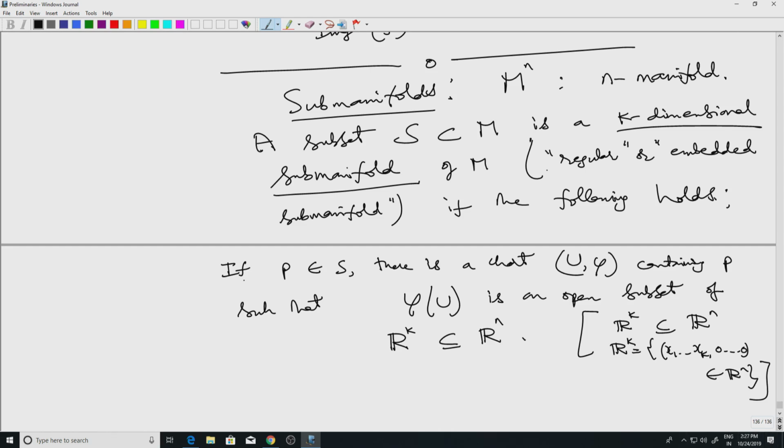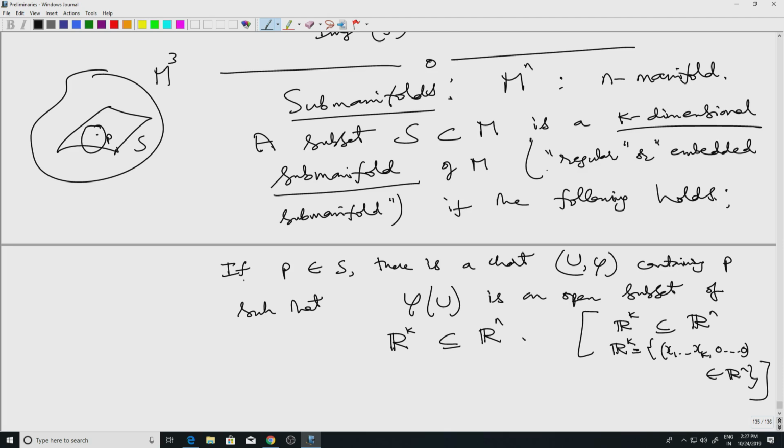So what we are saying pictorially, this is my M. For instance, let's think of a three-dimensional manifold M, and let's look at S. Let's see what a two-dimensional submanifold of a three-dimensional manifold looks like. So S is supposed to be two-dimensional. What we want is that for every point P in S, there should be a chart (U, phi).